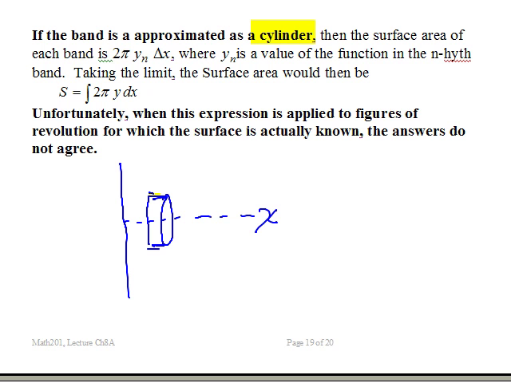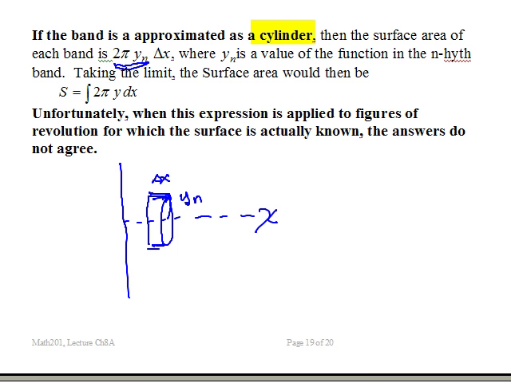The surface area of the cylinder is 2 pi times this length y. If this is the nth band, that's why it's y sub n. That is, 2 pi y_n is the circumference all the way around the band, and delta x is the length, the height, of the band.